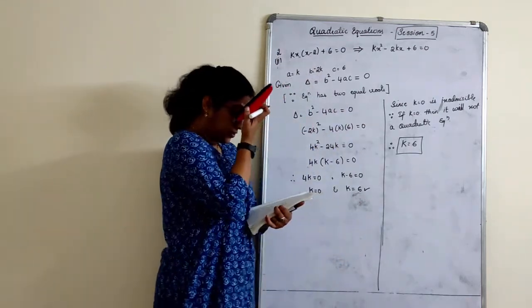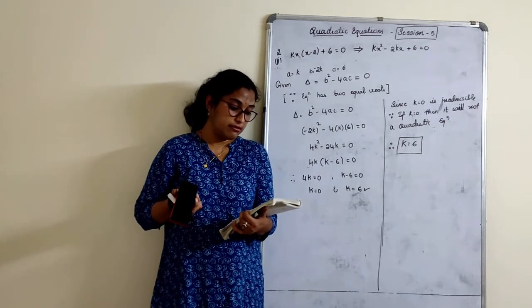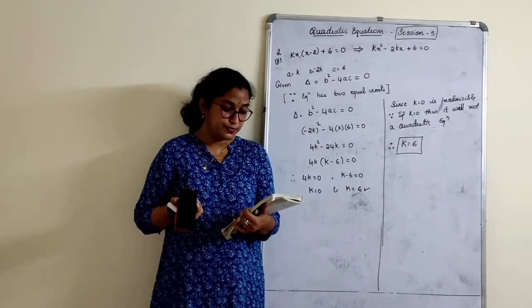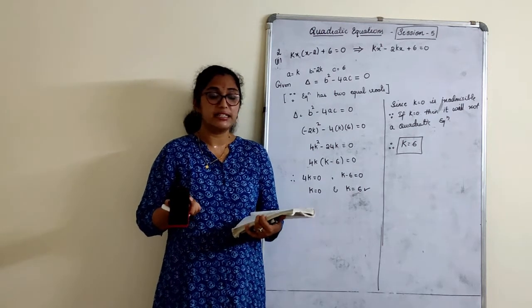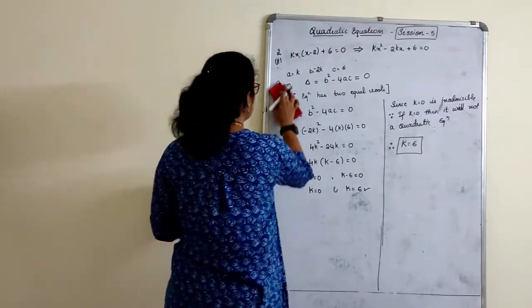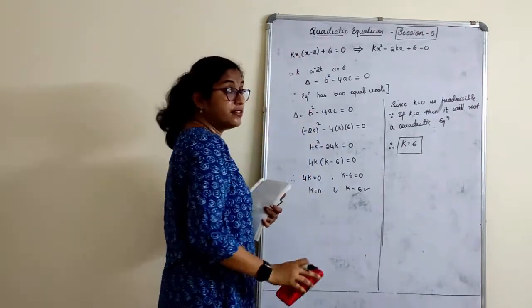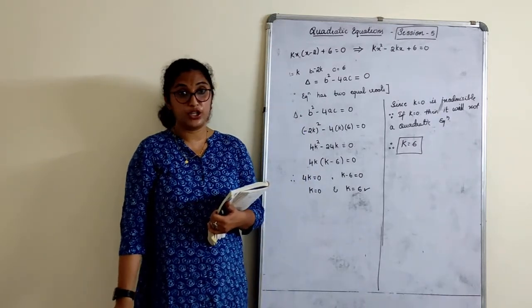So the third one also here, what they are telling is, find, is it possible to design a rectangle whose length is twice its breadth and area is 800 meters square. So is it possible? We need to find this first. To find this, first of all, we have to frame a quadratic equation, right?